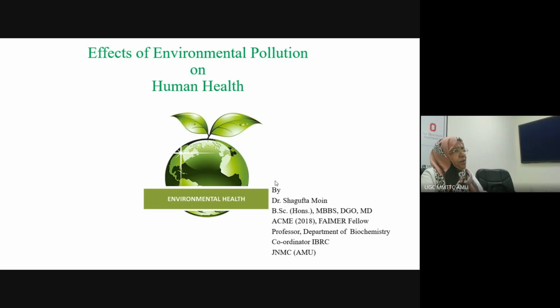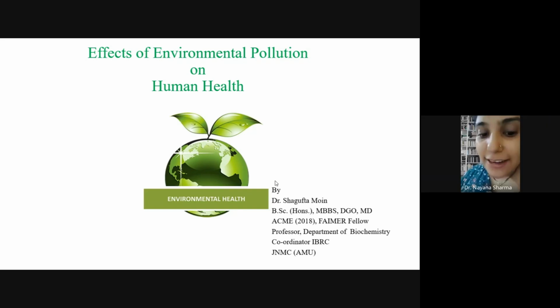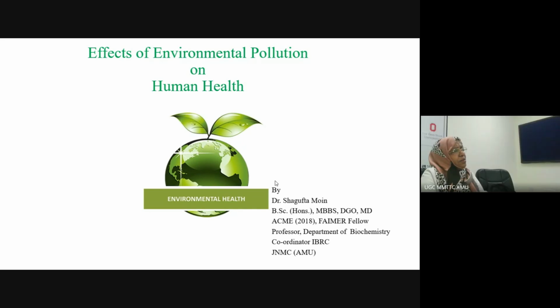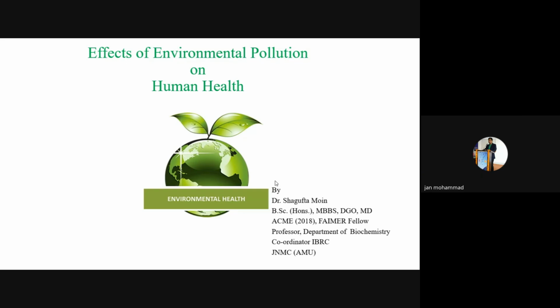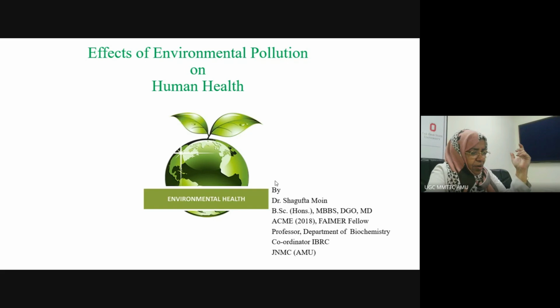Children or adults? Children. Senior citizens also. Pregnant ladies. Elderly. These three are the high risk group: children, pregnant women, and elderly. They are more prone to health related effects.